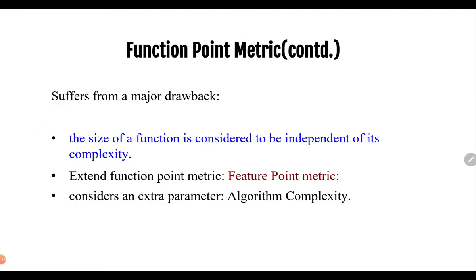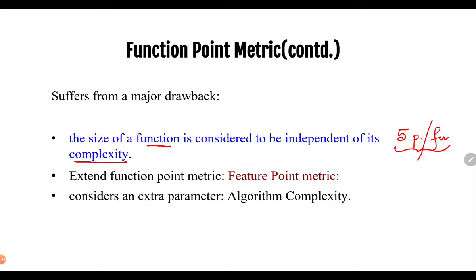Talking about the function point metric, it has a major drawback. The drawback is that the size of the function is considered to be independent of its complexity. Although we are considering 5 different parameters or functions related to this particular concept, they are not very simple to implement.